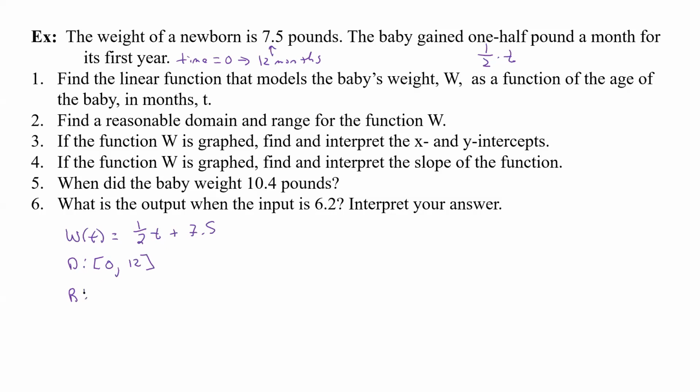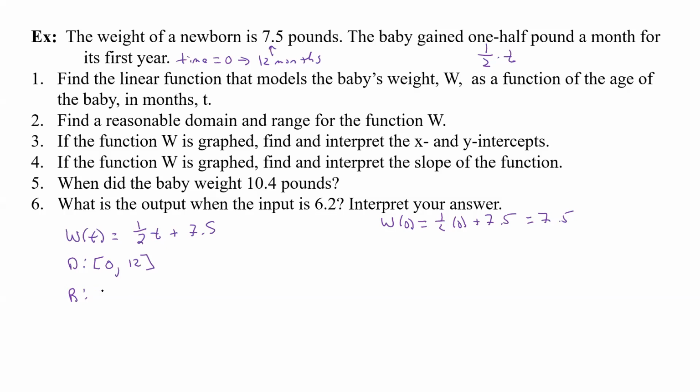Well, what is the range? That's going to depend on what our domain was. So now we have our function. We can plug in 0 and we can plug in 12, and that will tell us what our range is. So w of 0 is going to be what? 1/2 times 0 plus 7.5, and that's going to give us 7.5.